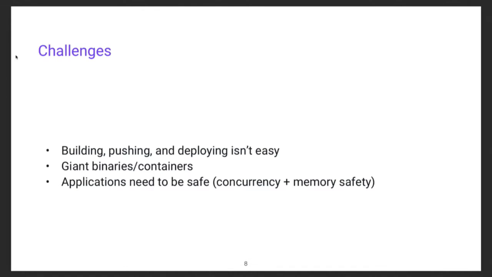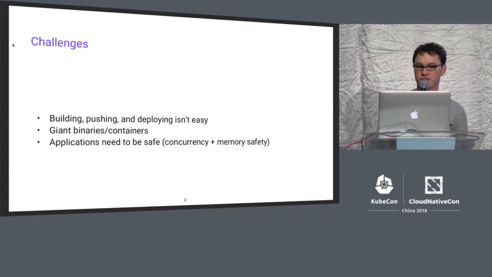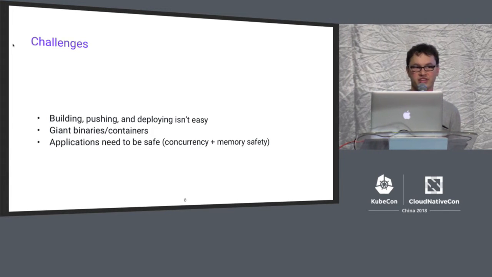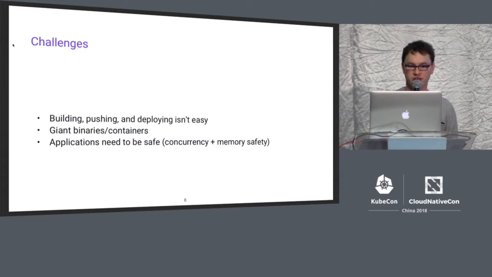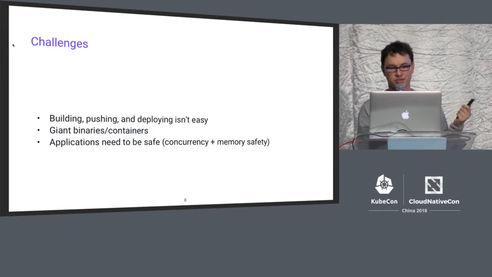Still, even if you have moved to immutable infrastructure, and if you are using CI/CD tooling, and if you're using Kubernetes, you will find out that building, pushing, and deploying your containers isn't trivial. You need to put some effort in at the beginning. And if you have giant binaries or containers, it takes a long time to do the building, pushing, and deploying.